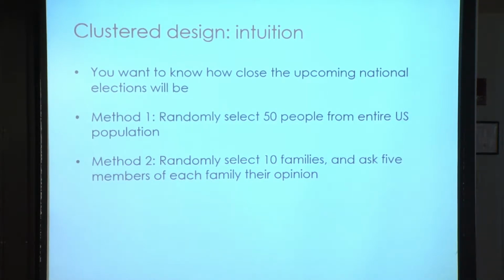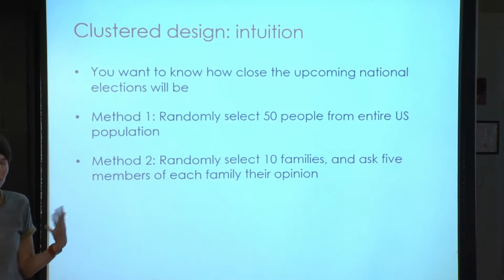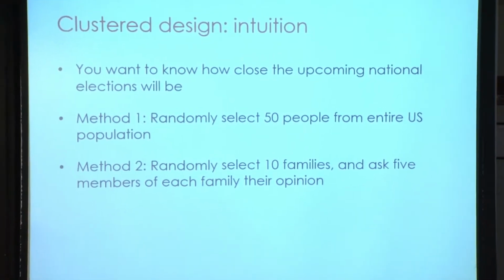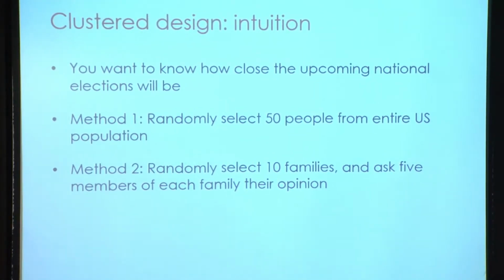Now, why is that, and how exactly does that fit in? Well, just to give you an intuition, imagine we wanted to know what the outcome of an upcoming election would be. We could randomly select 50 people from the entire US population, or we could pick 10 families and ask 5 members of each of those families.